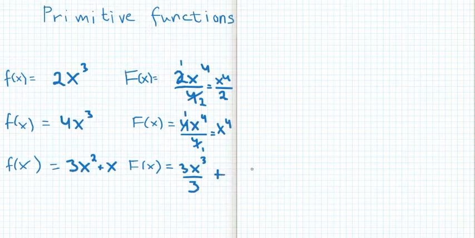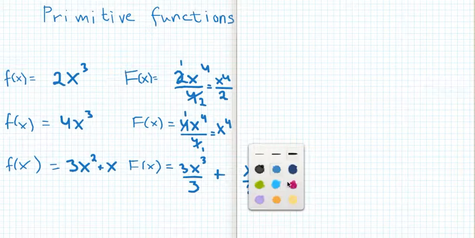Plus, and I'll continue on this page, x. It actually says x to the power of 1, right? We have to remember that. So x, and then increase 1 by 1. It's going to be 2 up here, and then over the new number. So x squared over 2. Now, can we simplify this? Of course.